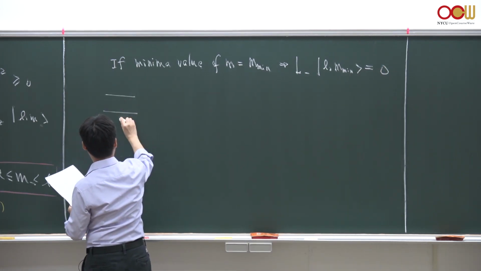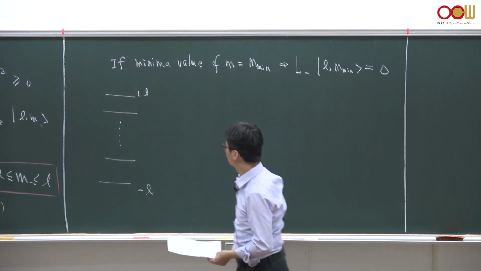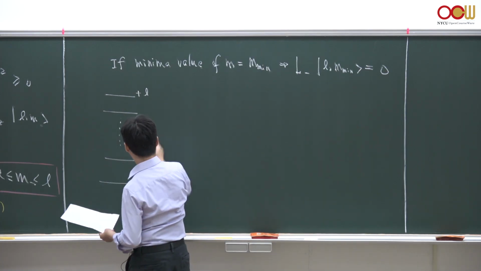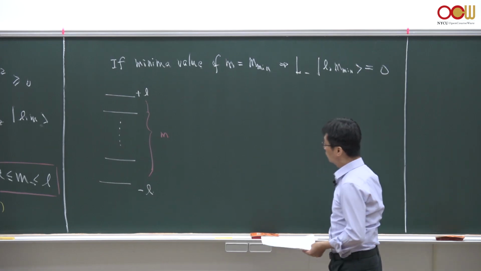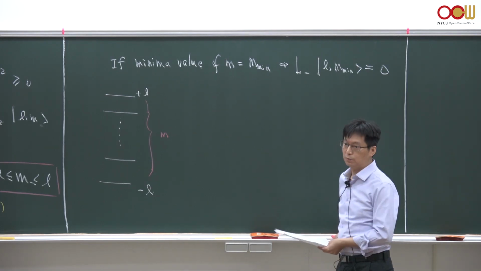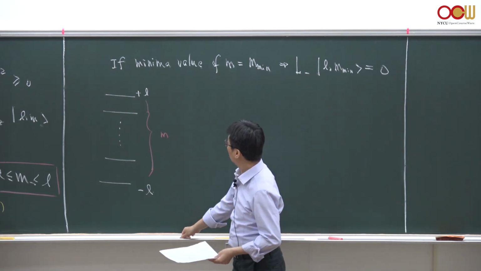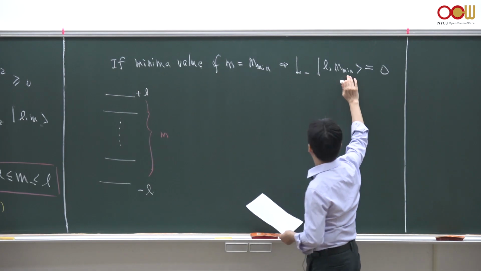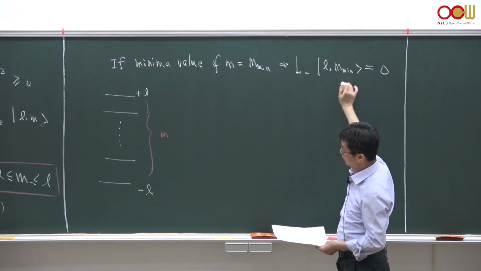Which means that you have many different levels labeled by this quantum number L. M could be either one of them, ranging from minus L to plus L. But what is the possible value of L? We don't know that. We only know that L can be a real number. We know very well that this minimum value of m exists, which is what? Minus L.